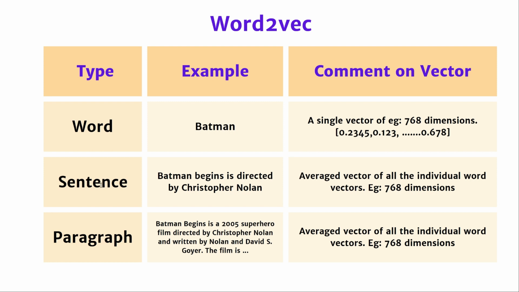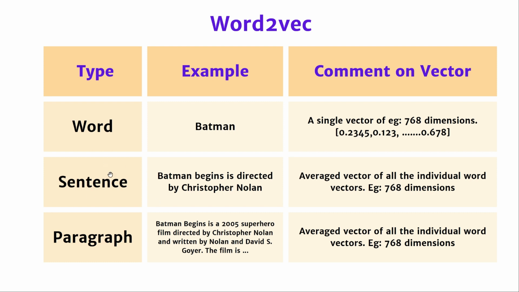With a sentence, we take the sentence and divide it into words. For example, here we have 1, 2, 3, 4, 5 words if we take out is and by as stop words. And we are going to get 5 vectors of 768 dimensions.